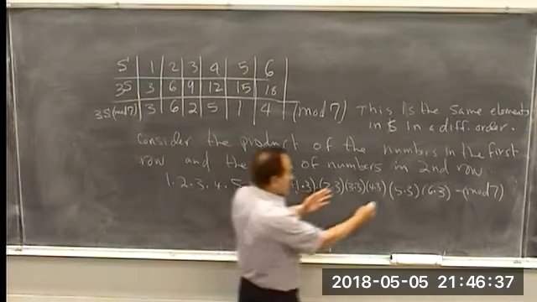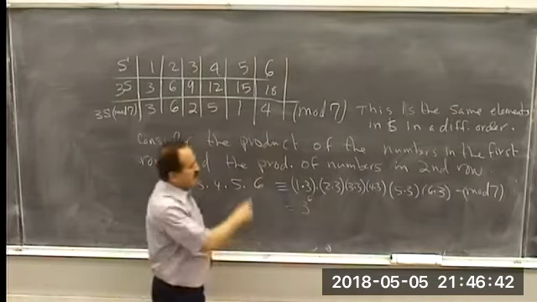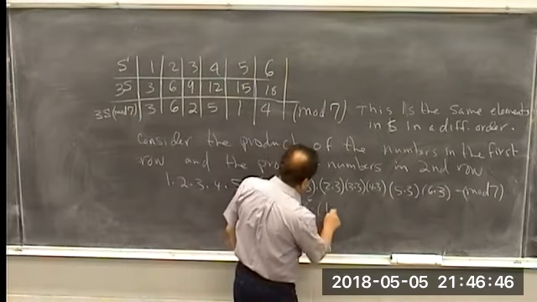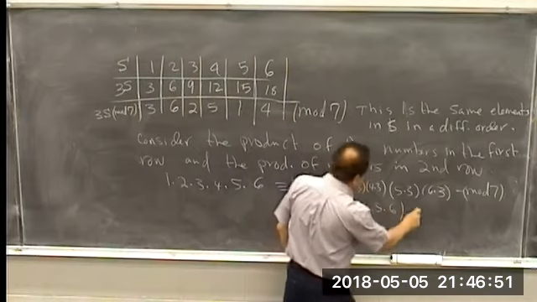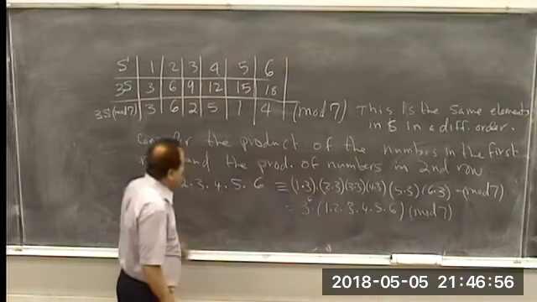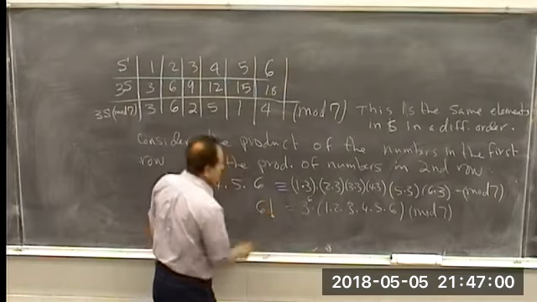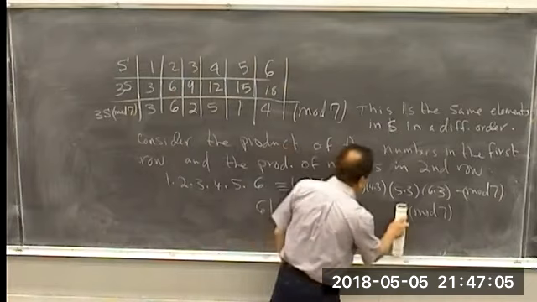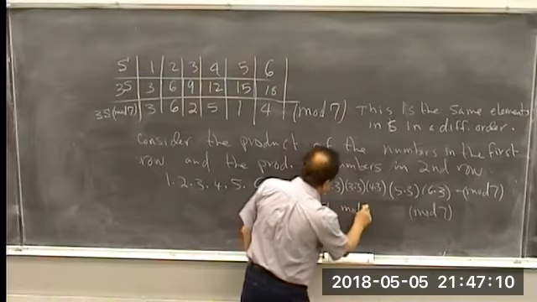Now, in here we can rewrite this as 3 to the 6, because we have 3 in each one of these factors, times, of course, 1 times 2 times 3, 4, 5, and 6, mod 7. On the other side we could write it as 6 factorial, and the right hand side we can write as also 6 factorial for this product, mod 7.